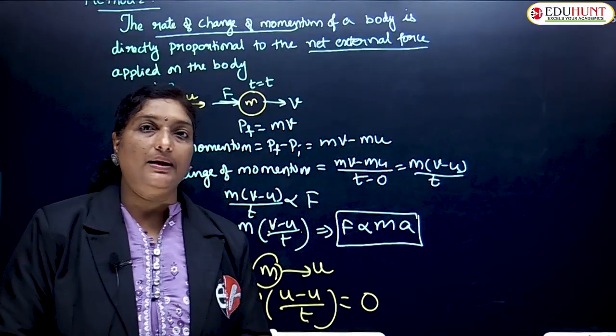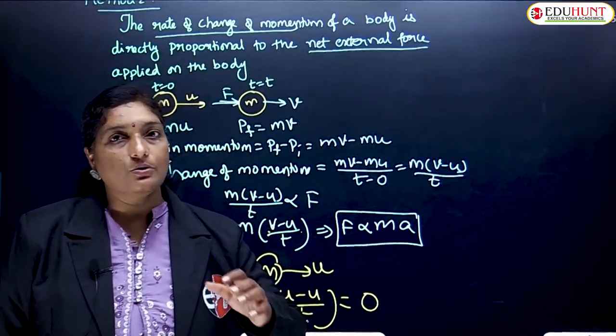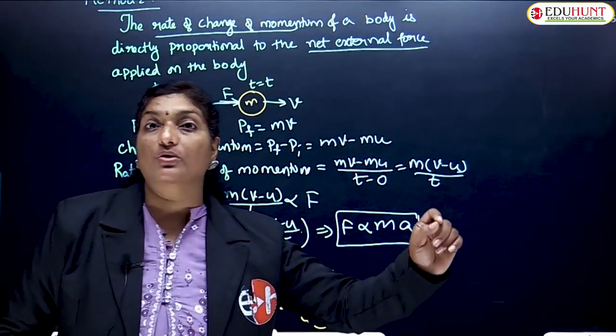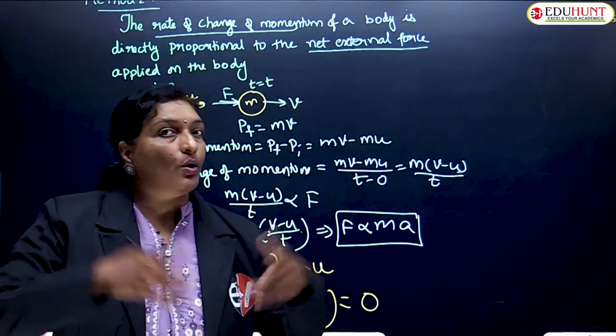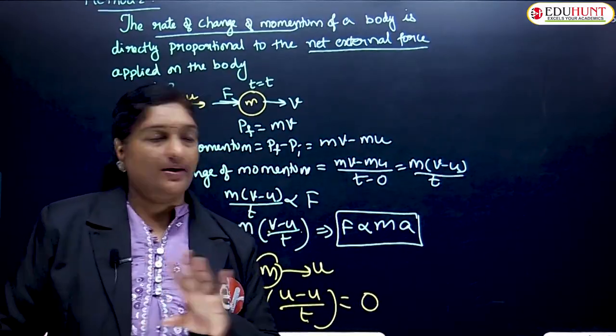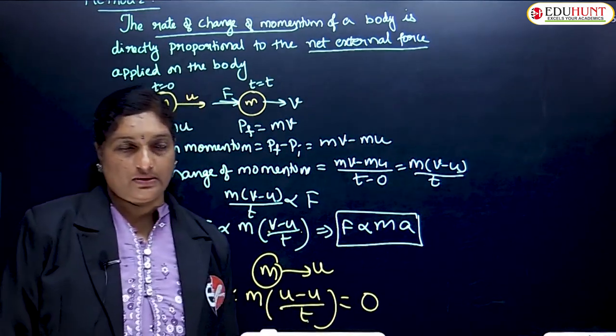What was our statement? Every body continues to be in its state of rest or uniform motion unless it is acted on by an external force. That means if no external force is acting on it, the body moves with constant velocity.